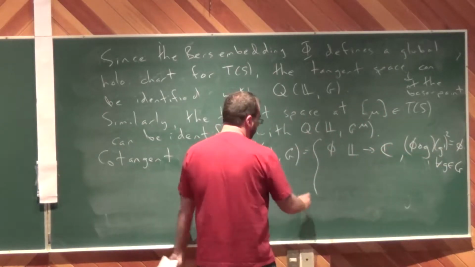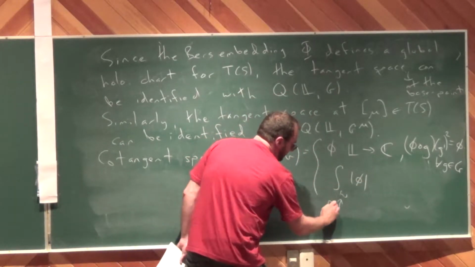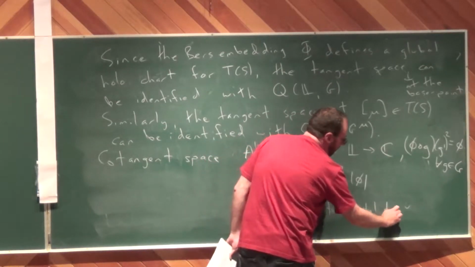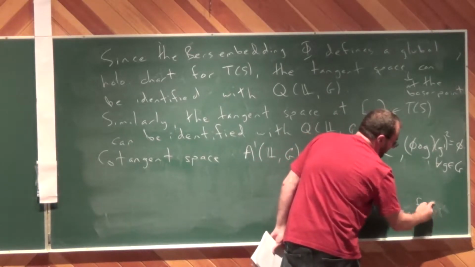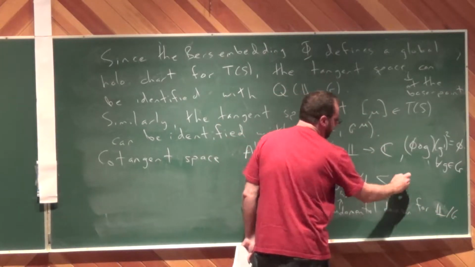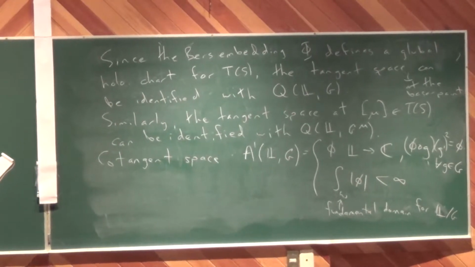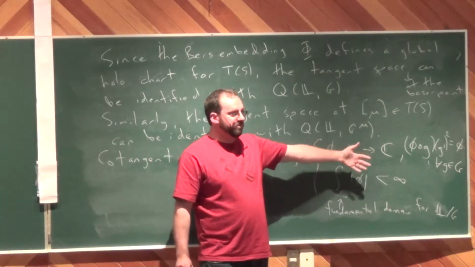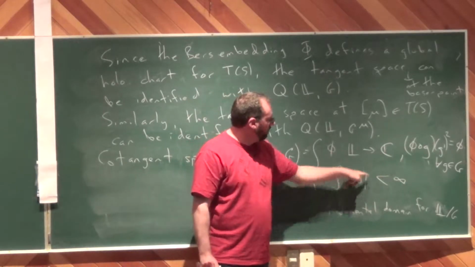And so that's the integral over omega, where omega is a fundamental domain for L quotiented by G. We want that to be finite. Okay. So having this definition means you project onto the surface to a holomorphic quadratic differential on the surface whose L1 norm is finite.